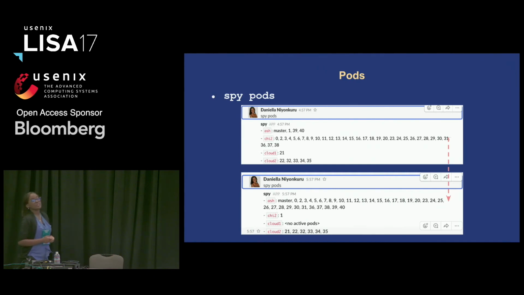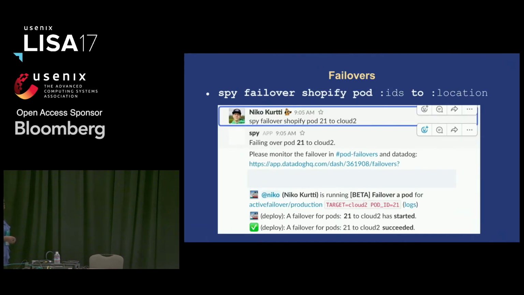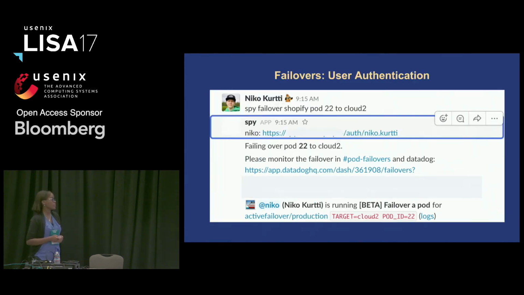The answer is yes. We can do that with the spy failover command. With spy failover Shopify pod to location, we can specify one or multiple pods and then fail them over to another location. So here, for instance, you have Nico, who's failing over pod 21 to cloud 2. One interesting thing to note here is that this is a restricted command.